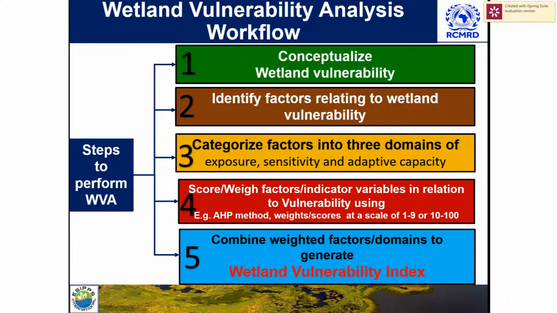We'll see it more below in the next slides. You can assign these weights between a value of 1 to 9 or 10 to 100, and then combine this, what we are now referring to be weighted factors or domains, to generate a vulnerability index map.